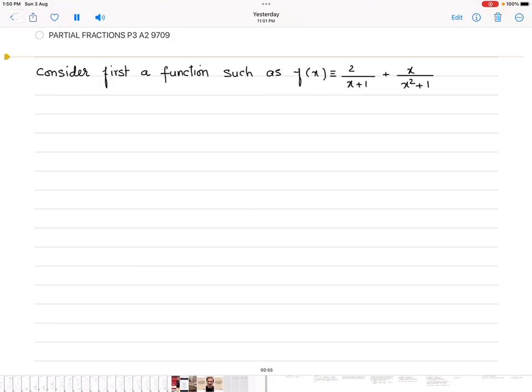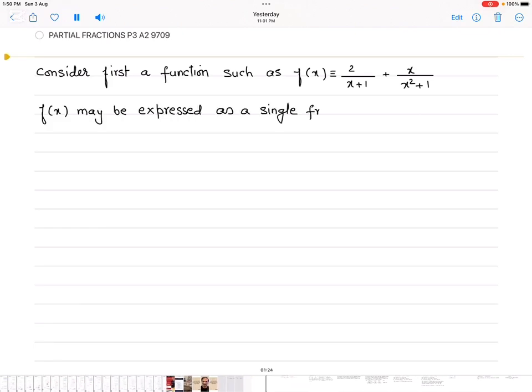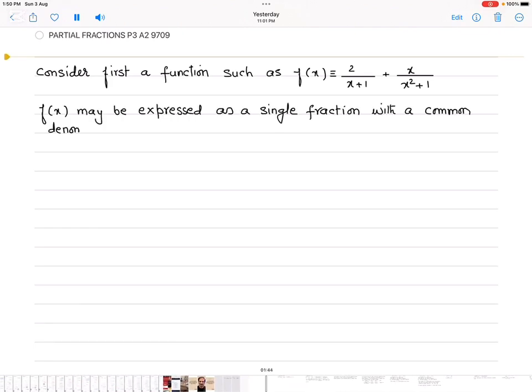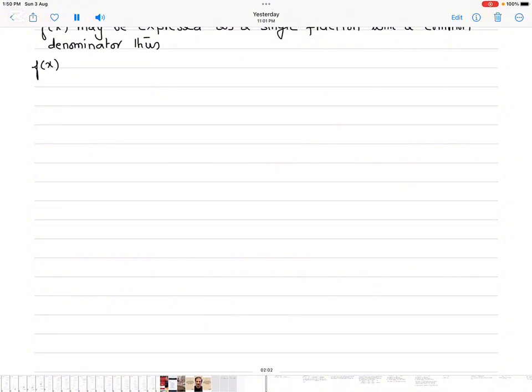Consider first a function such as f of x is identical to 2 over x plus 1 plus x over x squared plus 1. F of x may be expressed as a single fraction with a common denominator.